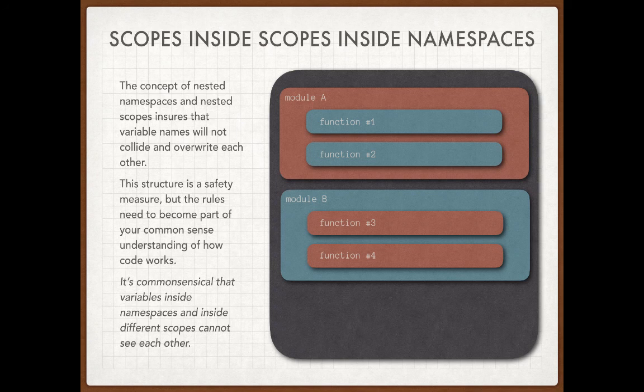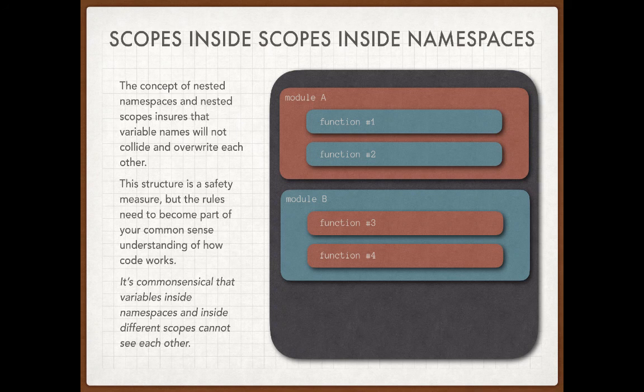Now within those namespaces, function 1 can have its own variables that may accidentally have the same name as variables in function number 2, but they don't collide with one another because they have different scope. The same for 3 and 4. Function 3 and function 4 may use some of the same variable names, and in fact, module B may have some variables itself that aren't even in function 3 or function 4. But because they're all scoped differently, Python doesn't get confused, and these things won't collide with one another.